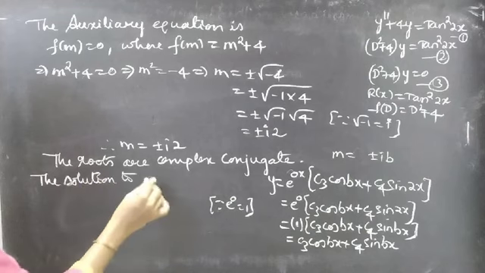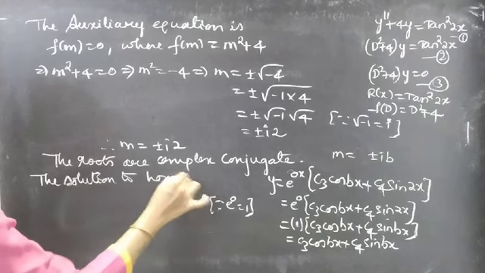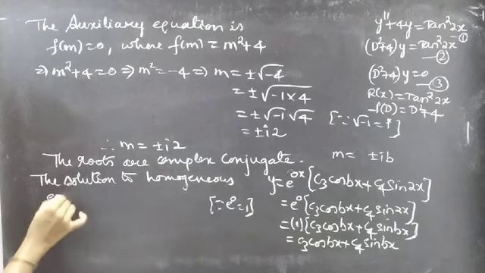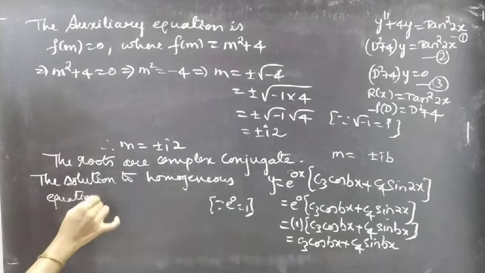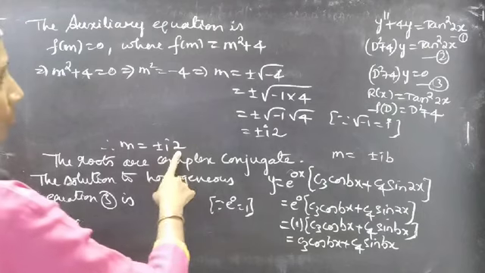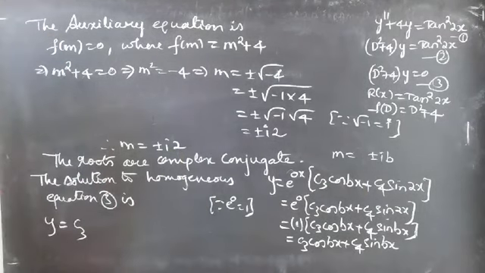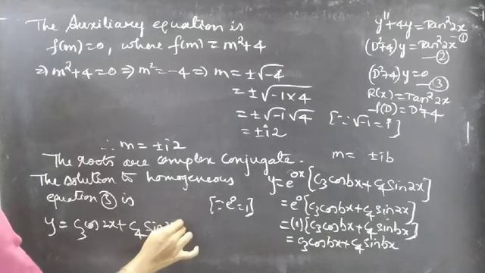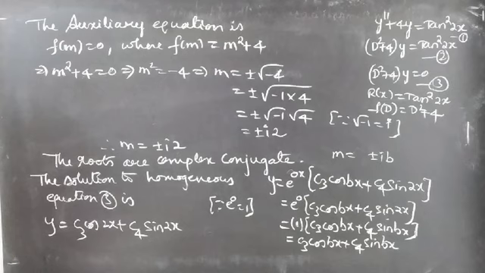The solution to homogeneous equation, equation number 3, is y equal to c3, for b equal to 2, we'll get c3 cos 2x plus c4 sin 2x. So this is the solution of our homogeneous equation, right?